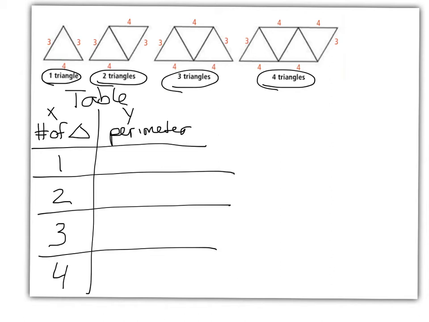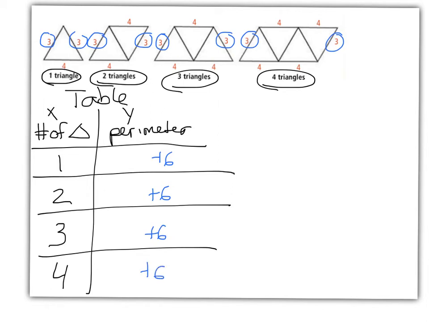So if I look at the pictures, I see that I have a 3 and a 3, and on the next one I still have a 3 and a 3, and on the next one, and the next one. So if this pattern continued, I would still have those two side pieces. So it seems like I'm always going to have a plus 6. So I'm just going to put plus 6 for all of them.